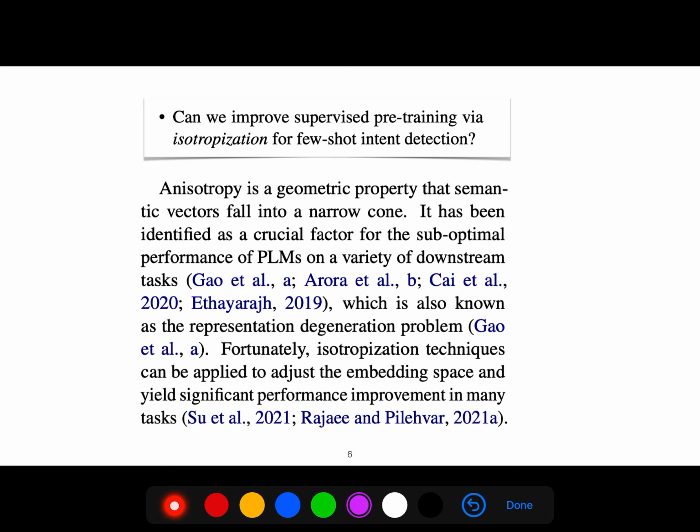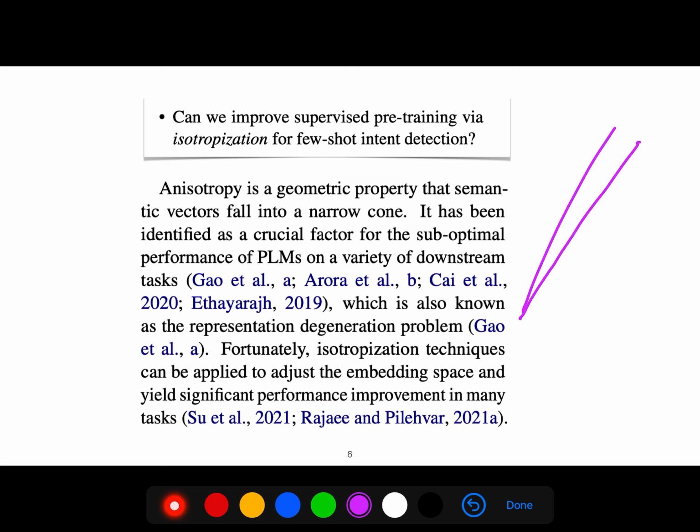Anisotropy is a geometric property where semantic vectors fall into a narrow cone. This narrow cone has been identified as a crucial factor for the suboptimal performance of pre-trained language models.